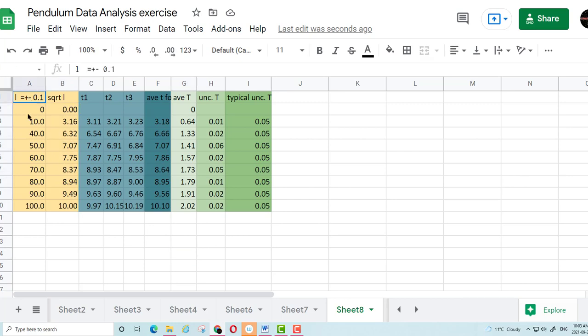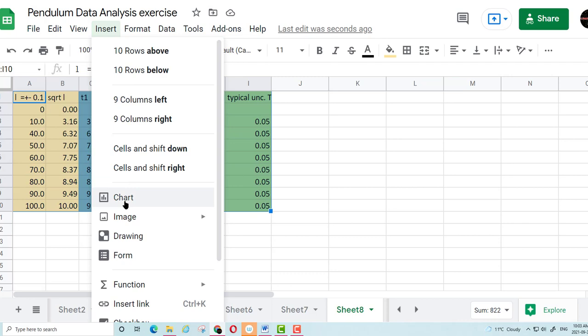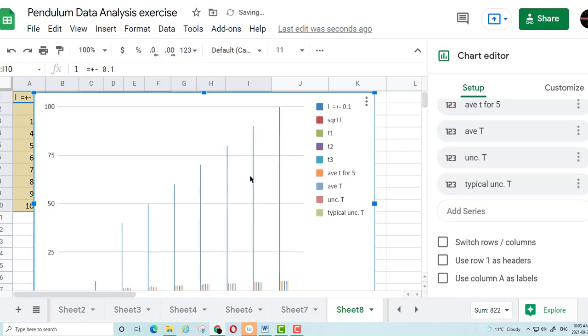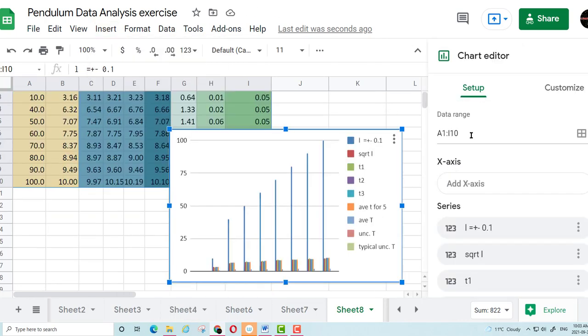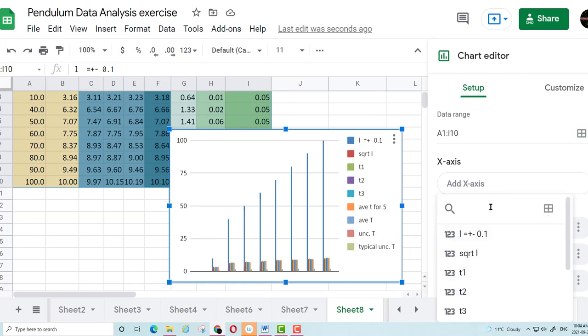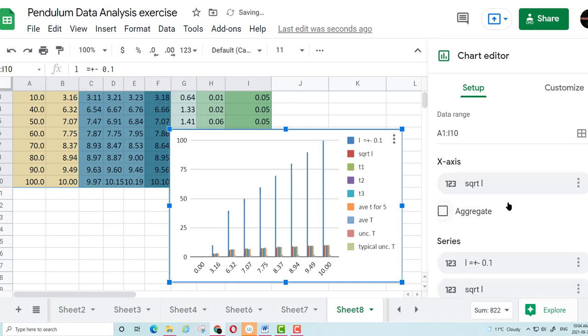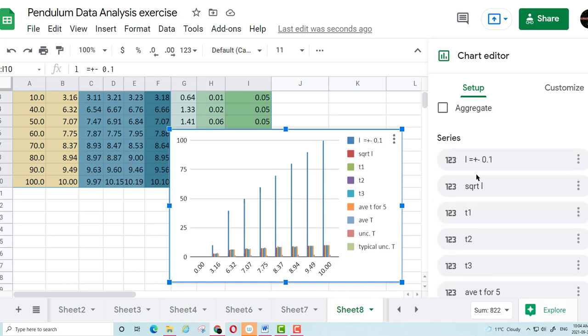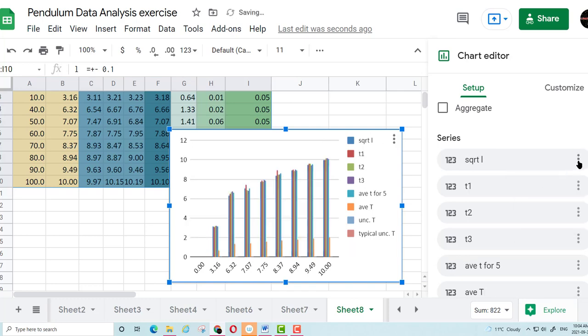So now I need to make a chart. I'll just highlight all the data again, insert a chart. My x-axis, I need to add an x-axis, and I'd like it to be this column here with the square root of L. My y variable is going to be the average period, so I can remove these others.